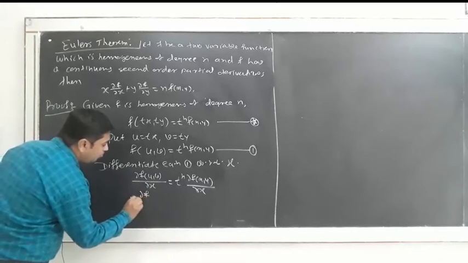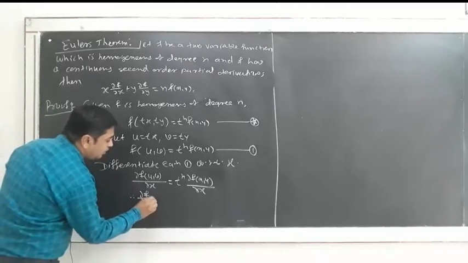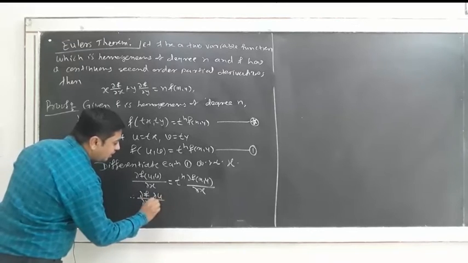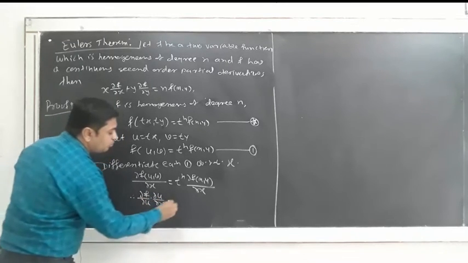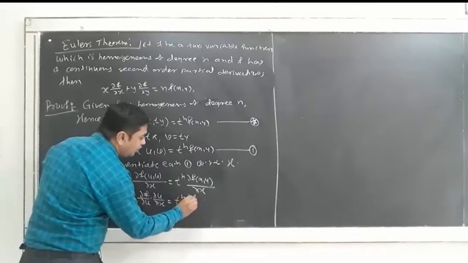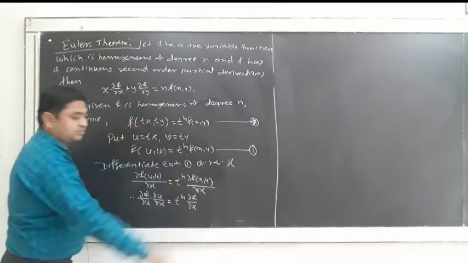So ∂f/∂u into ∂u/∂x is equal to t raised to n ∂f/∂x.